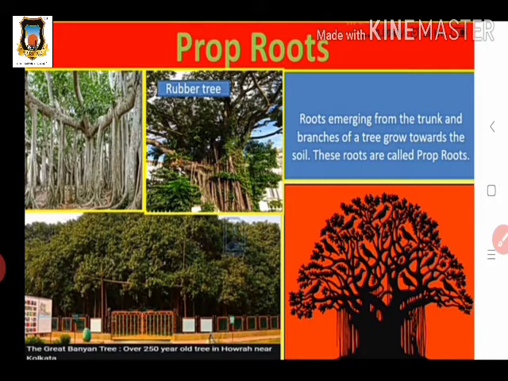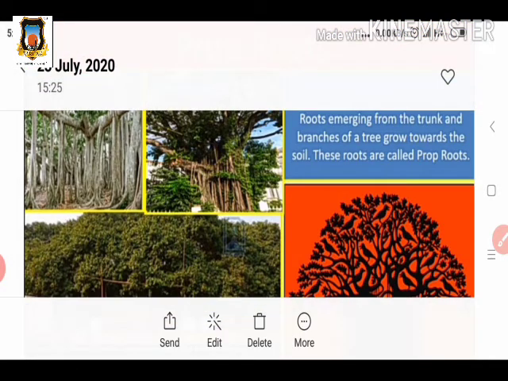So here if we see this image, you can see the rubber tree also has such type of roots, that is the prop roots, like a banyan tree. Okay, so these roots emerge or are produced from the trunk and branches of the tree and grow towards the soil.